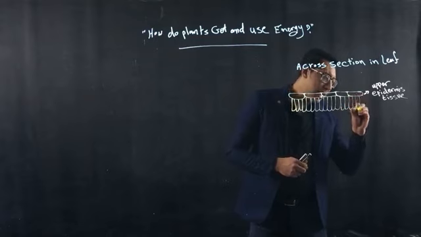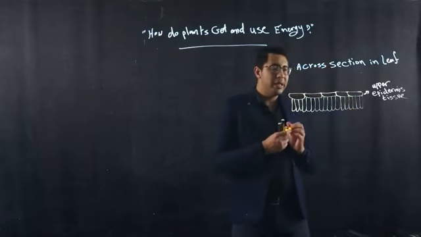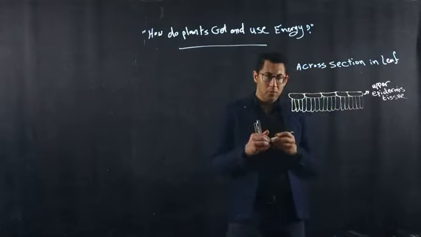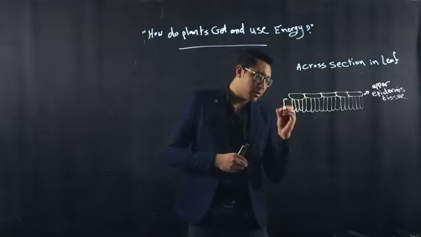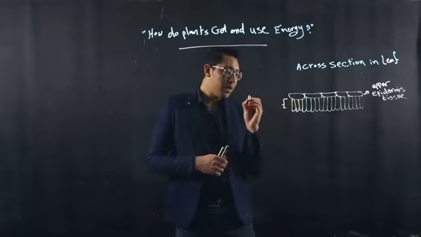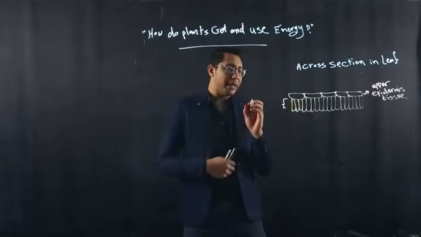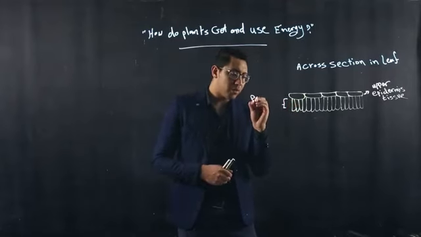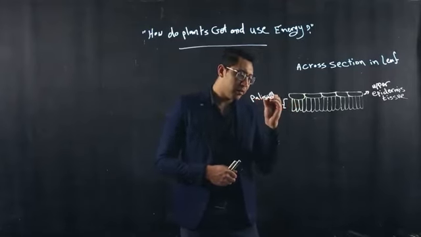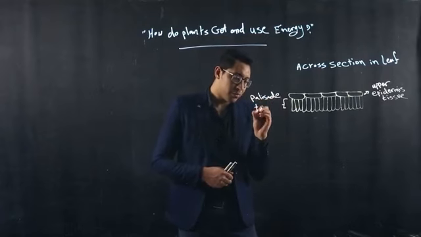The cells of the palisade tissue are where food is made. These cells form a tissue called palisade tissue.